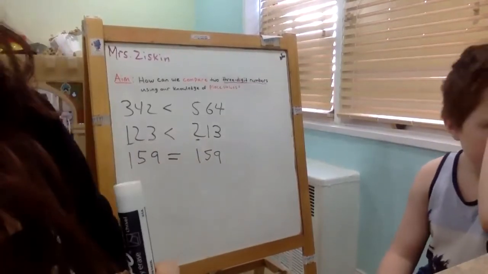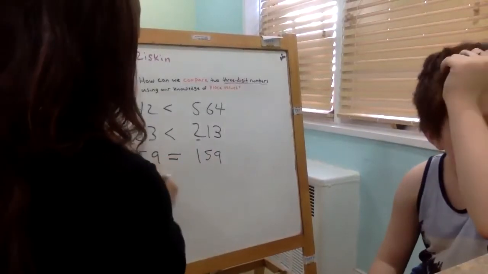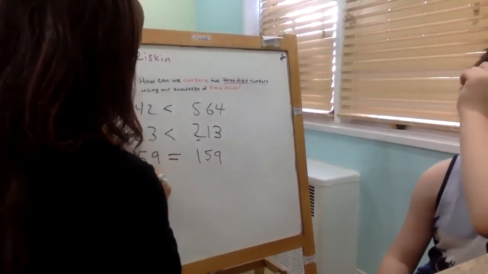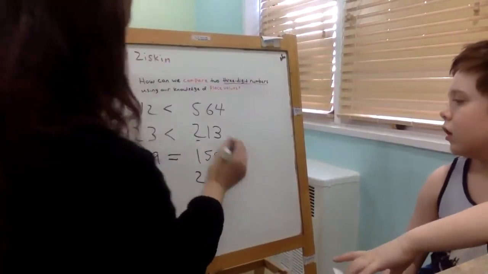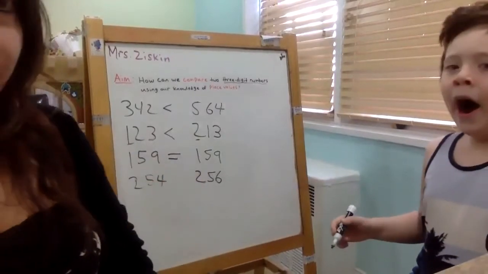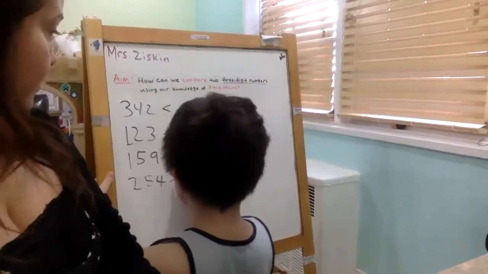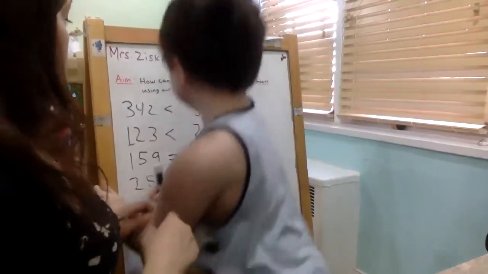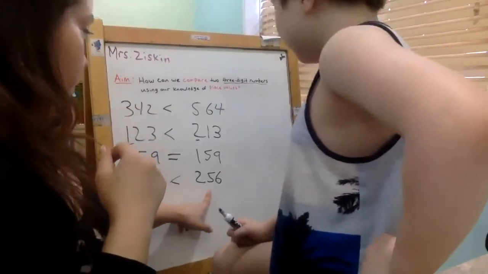So let's see what we had for number 4. We had 254 and 256. So Zachary, can you write the symbol for what you did for this problem? Okay, and can you read this for the class? 254 is less than 256.